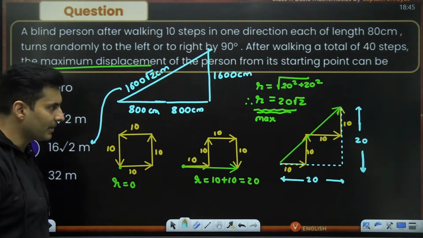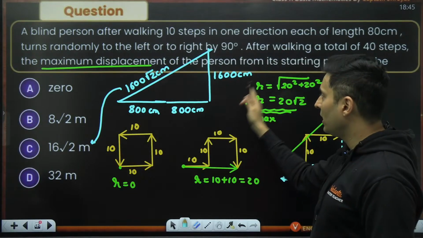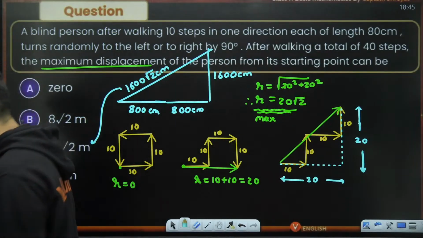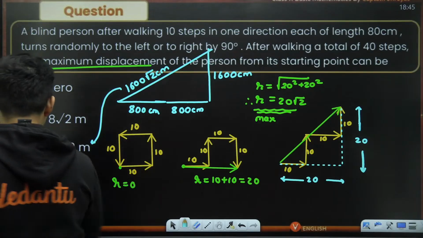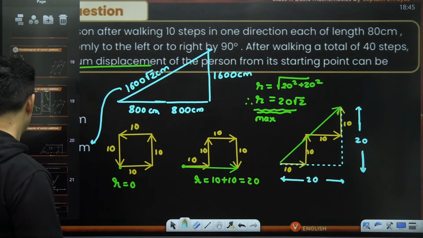Yeah, this is perfect. So that is the answer. Okay, so this was as per the steps. Great. Let's move to another question coming up on your screen.